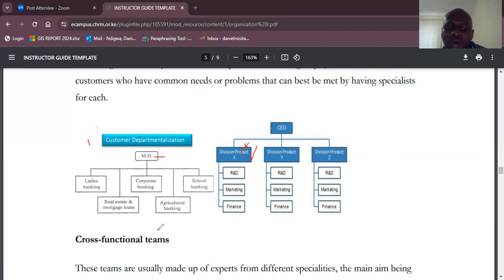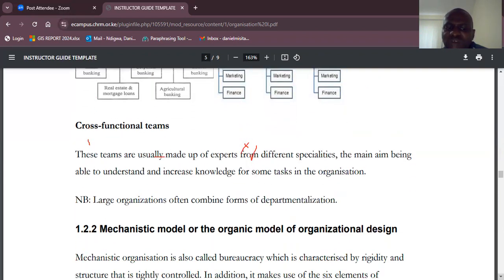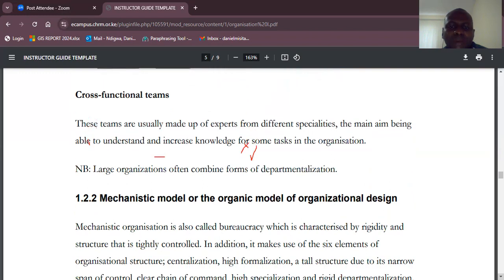Then another common type of structure is the cross-functional teams. So when we talk about cross-functional teams, what comes into our mind is that different people from different departments with different specializations are brought together to perform a particular activity or task that is going to achieve the organizational goals.